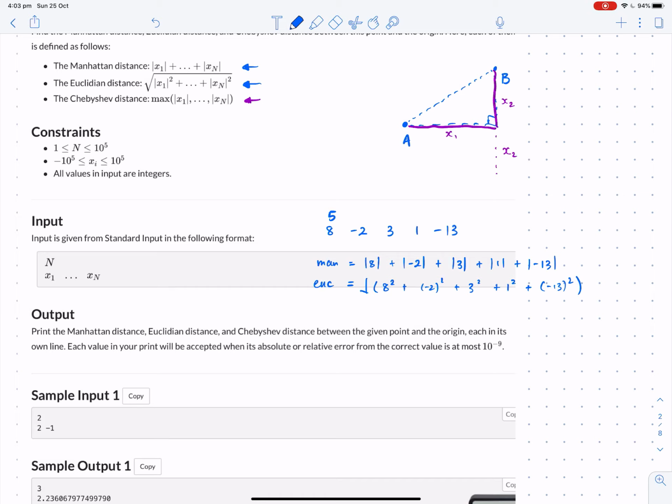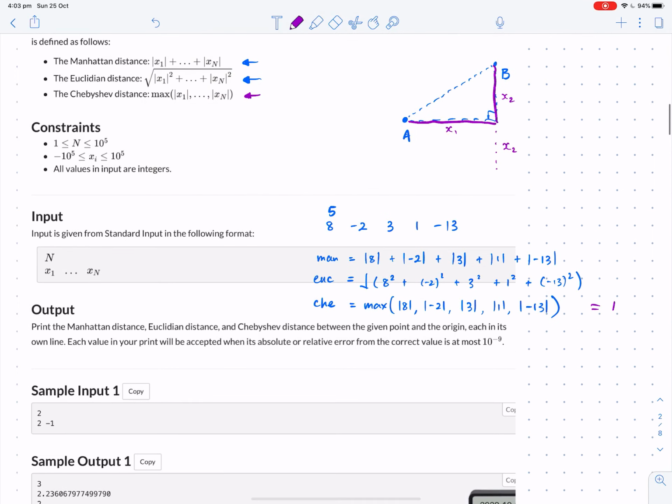The formula mentions absolute values, but we don't need them because we're squaring anyway. And then the Chebyshev distance is the maximum of the absolute values of 8, -2, 3, 1, and -13.